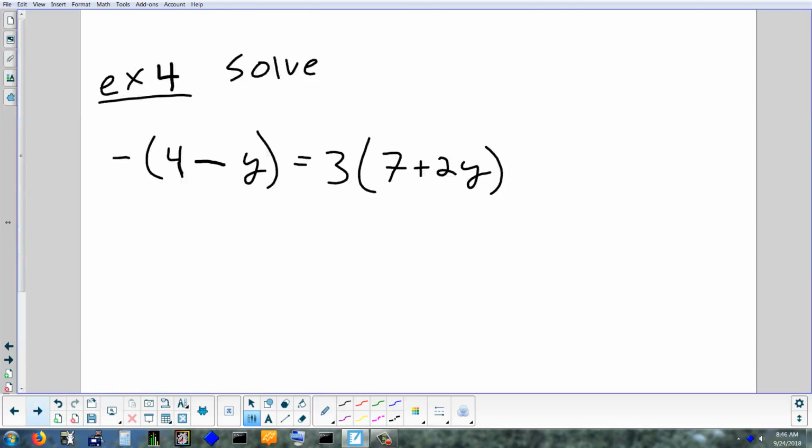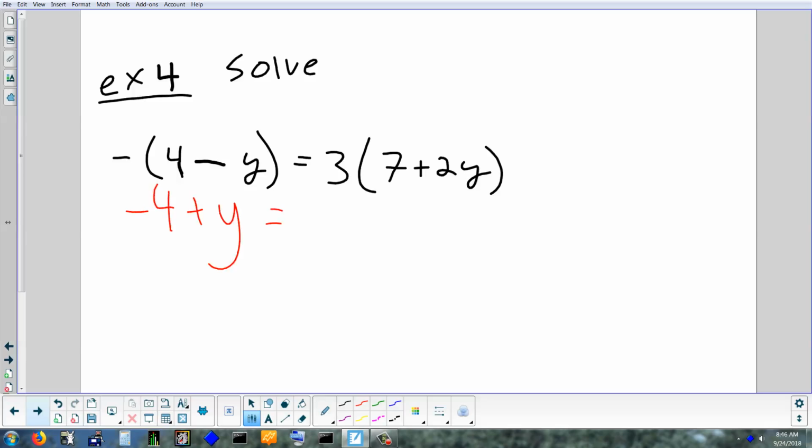Again, there's that negative sign outside the parentheses, which means I have to do what? Ellie? Distribute it in, right? Joe, when you have the negative on the outside, just the negative, what does it do to the signs inside the parentheses? Opposite, right? So what are my numbers going to be when I bring that negative in? Negative 4, positive y. That side is done.